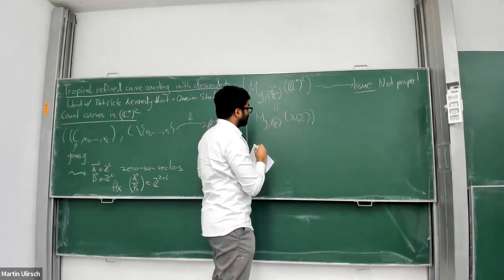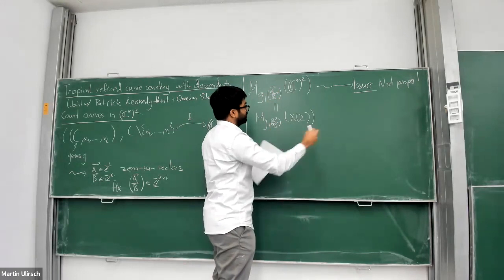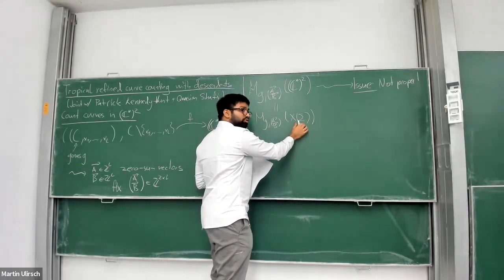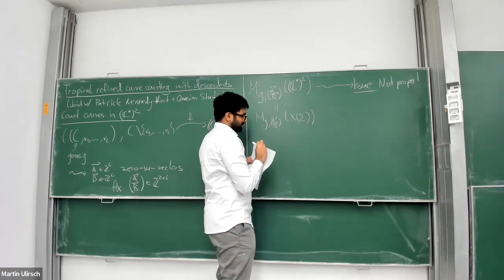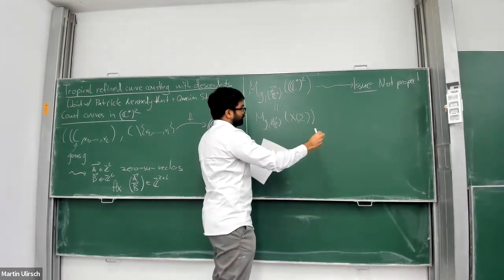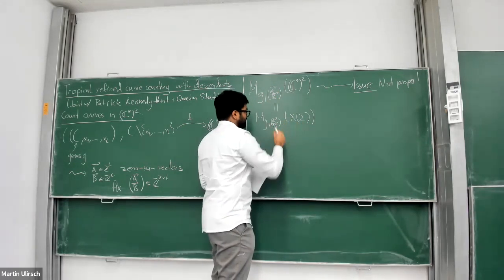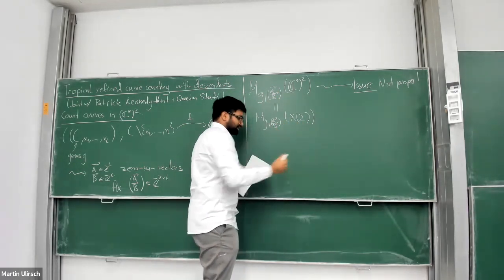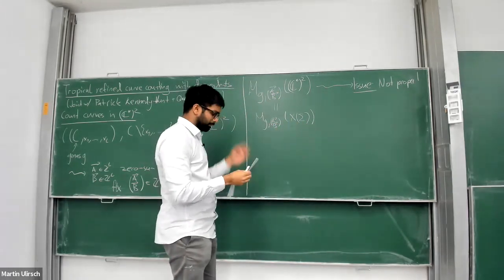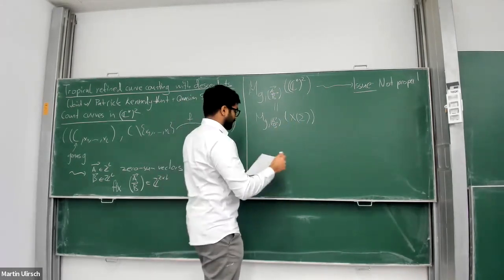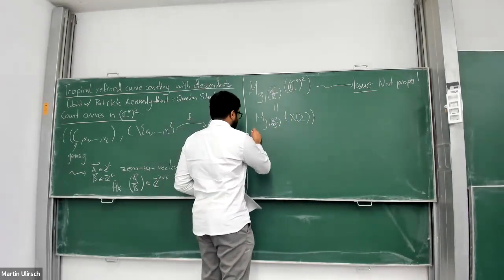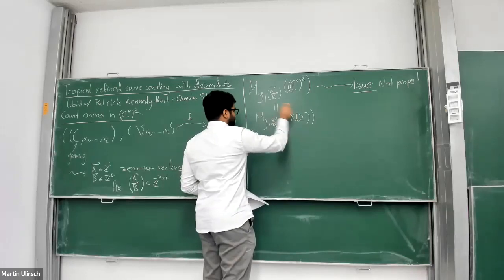So these marked points are going to be mapped to the complement of the dense torus in this toric compactification. So these marked points get mapped to the toric boundary, and the matrix AB is telling us some type of tangency information with the boundary. And okay, I'll now write down an example, which maybe will help clear this up a bit.